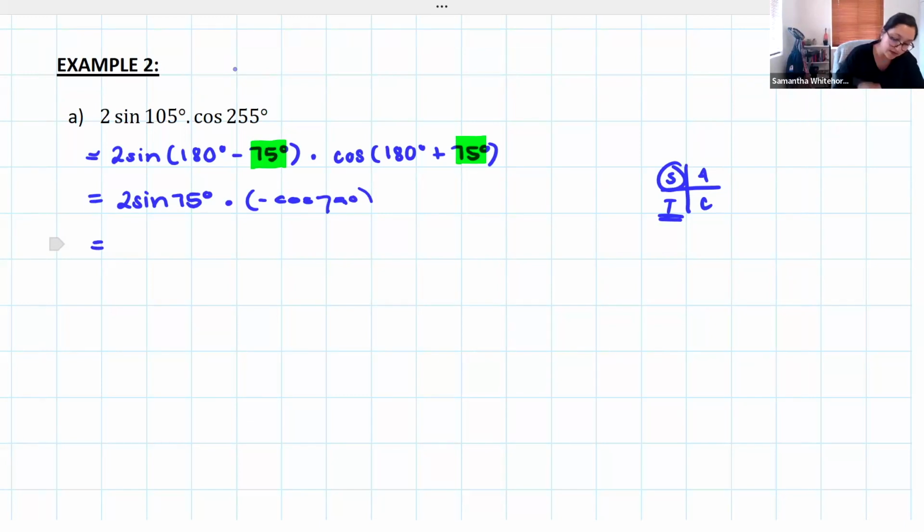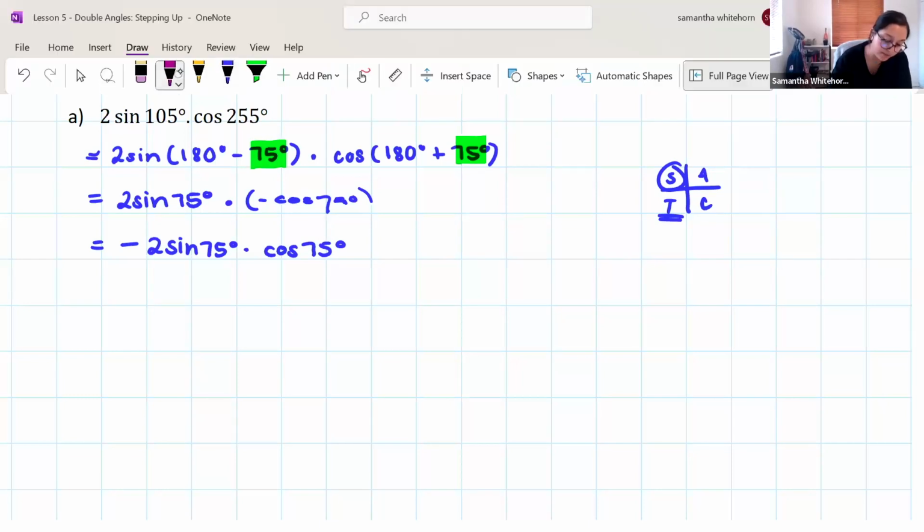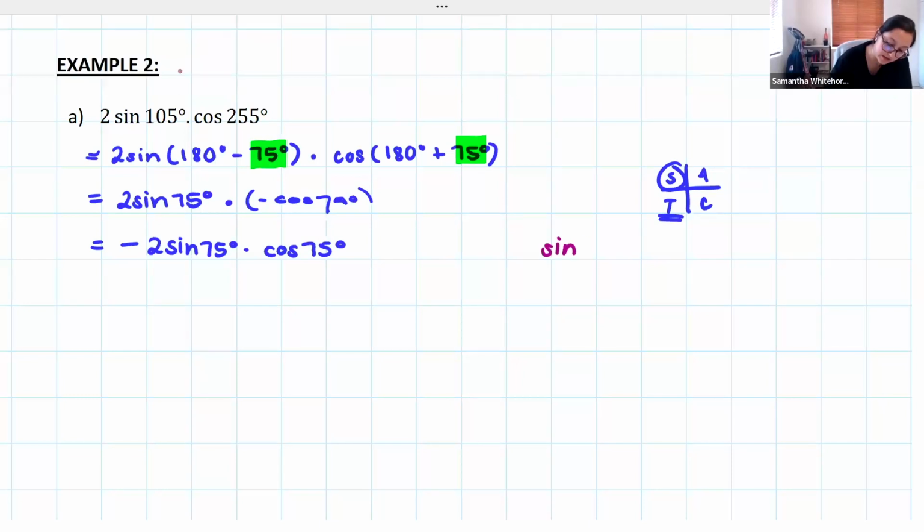If we just sort out that negative, it's actually negative 2 sine 75 cos 75. This now looks like my double angle formula. So just remember, sine of a double angle is 2 sine A cos A. That's exactly what I have here. Obviously, except for the negative, but that's just a coefficient.